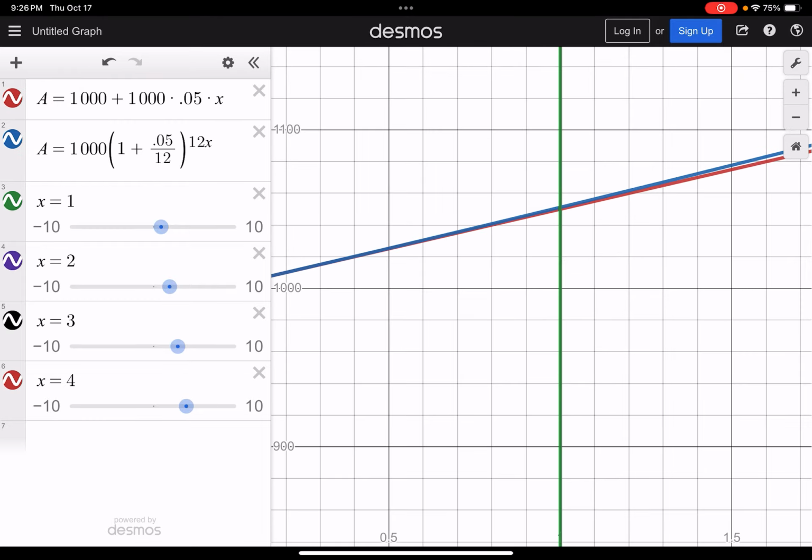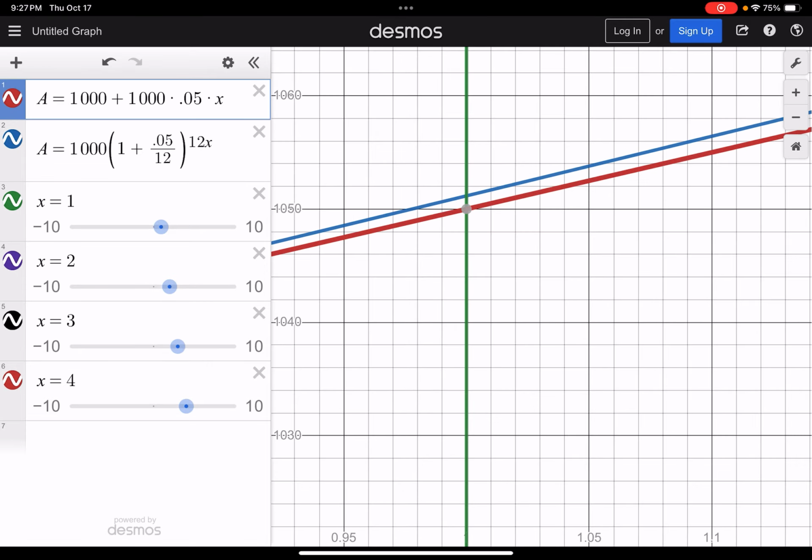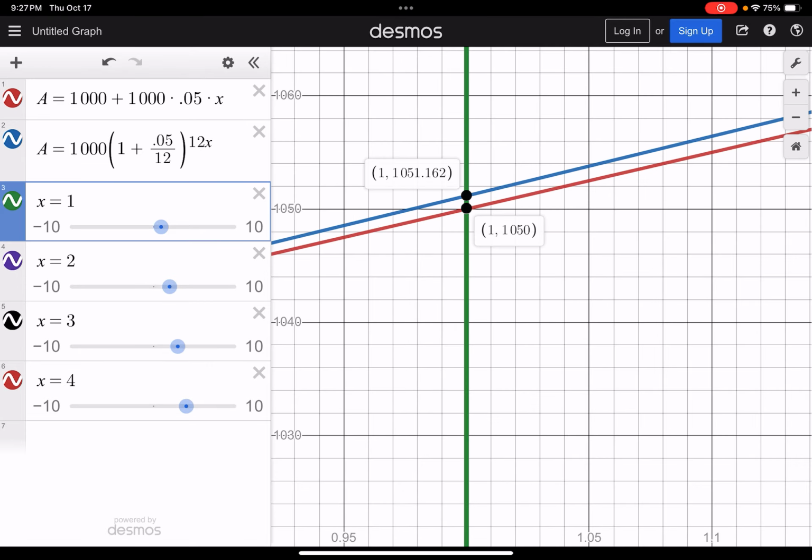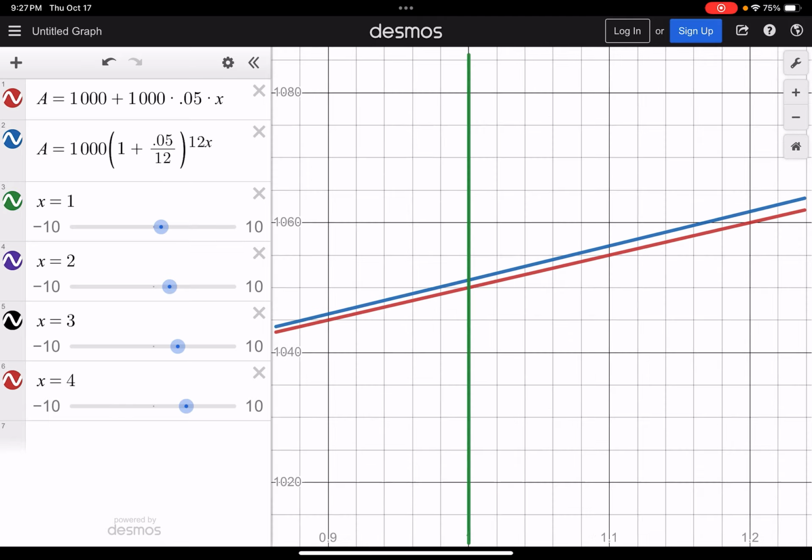Now, when I take a look at it after 1 year, if I click these values, I should notice the same exact values that you were able to calculate the other day from our table. Right? We have 1,050 for simple and 1,051 and 16 cents for my compound.